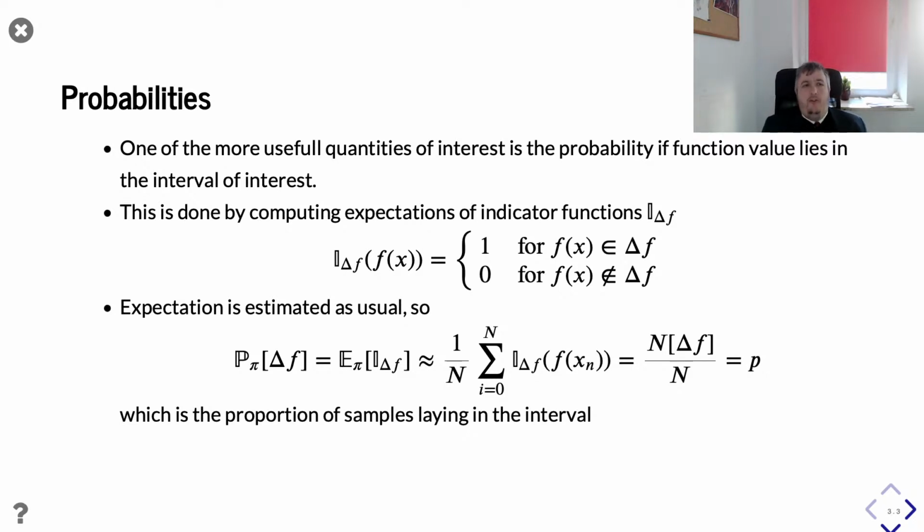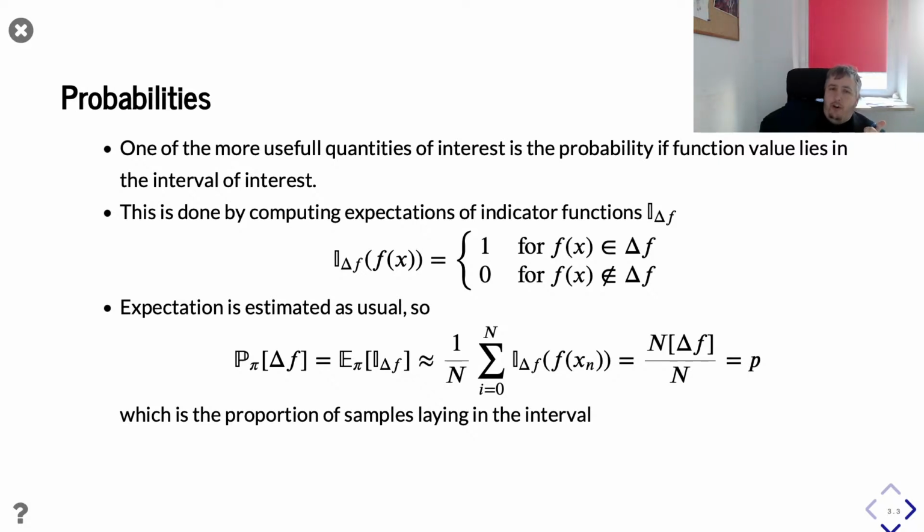For the probabilities of events, we are very often interested in the probability that the function value lies in a certain interval of interest. For example, what is the probability that we will have a return of between 9 and 10% on our investment.